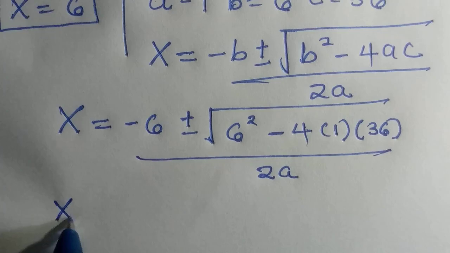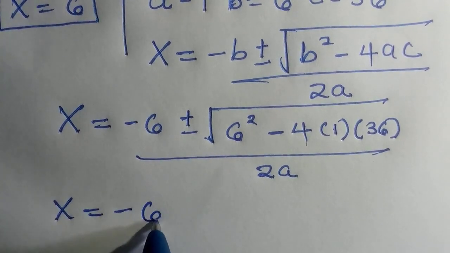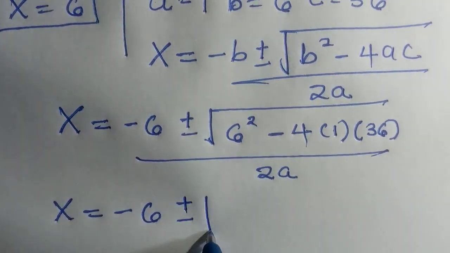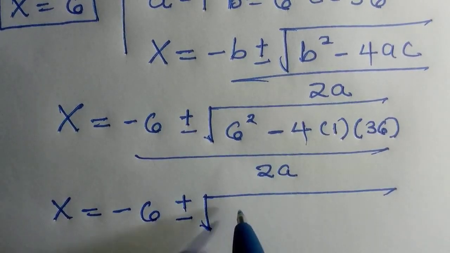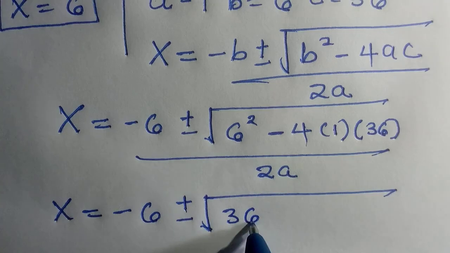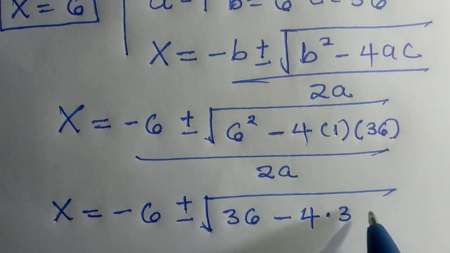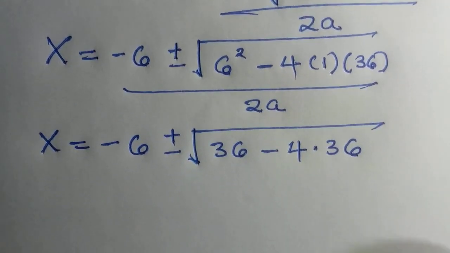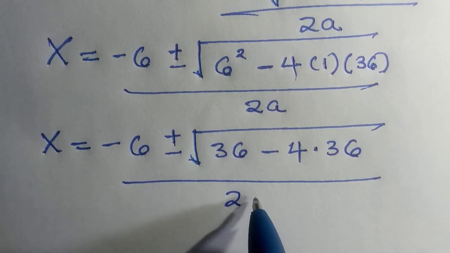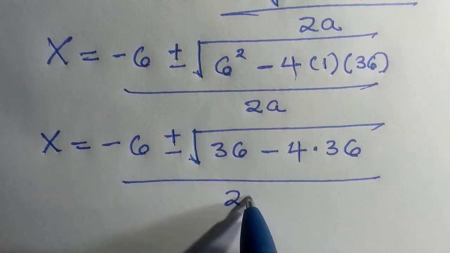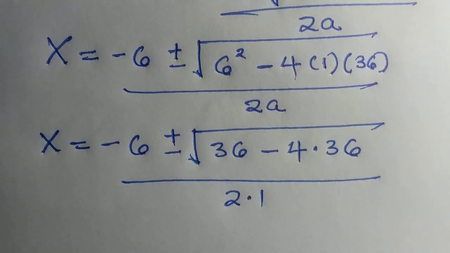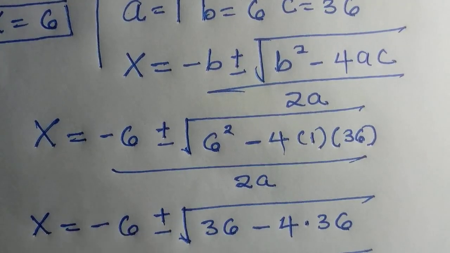And next we have x equals minus 6 plus or minus the square root of 6 squared, which is given as 36, minus 4 multiplied by 36, divided by 2 multiplied by 1.